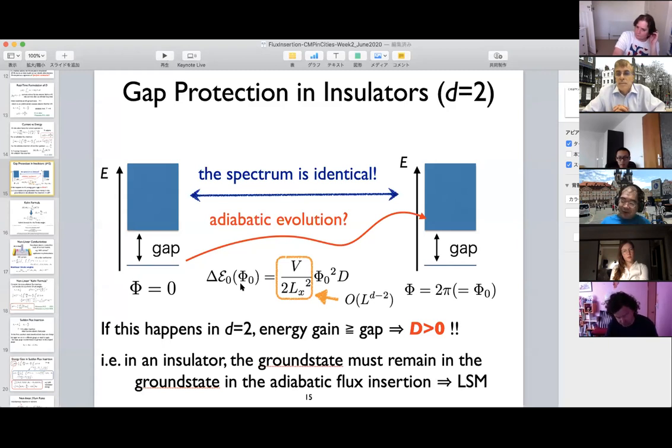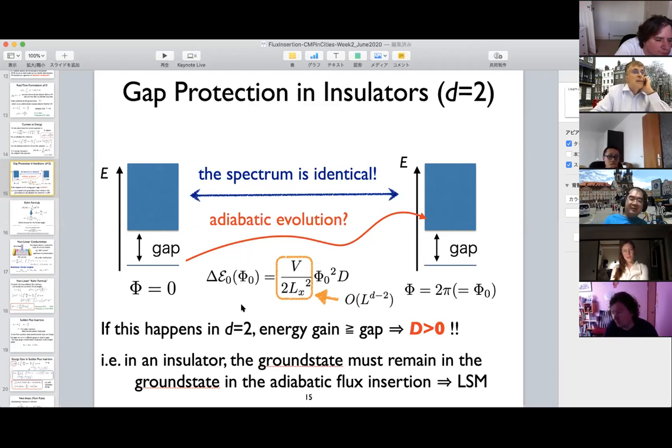Actually, I remember Ashwin and Arun had a paper applying this flux insertion type argument to bosonic systems. And I think they argue that even in 3 dimensions, essentially my statement should hold or something. But I didn't quite understand the argument. But yeah, in 2 dimensions.